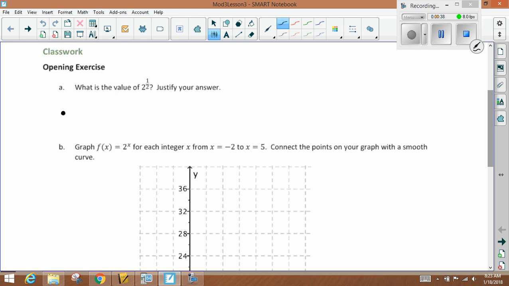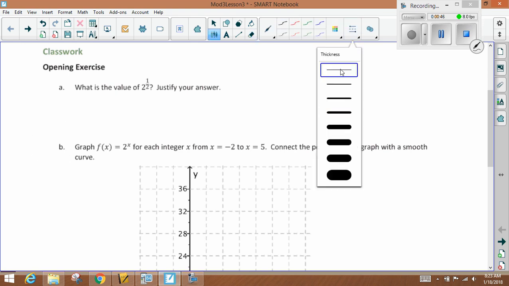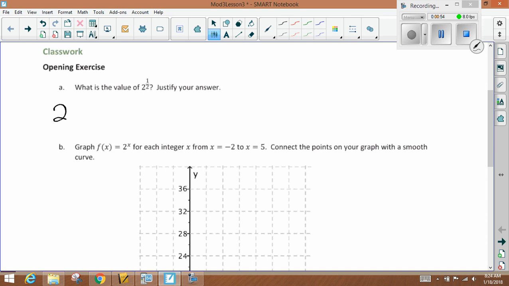We know that 2 to the 0 power, we also know that 2 to the first power is 2, right?